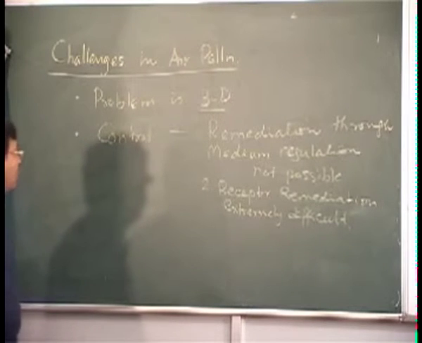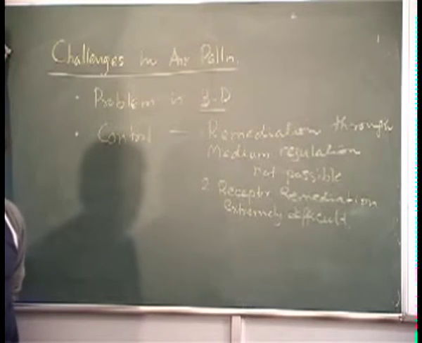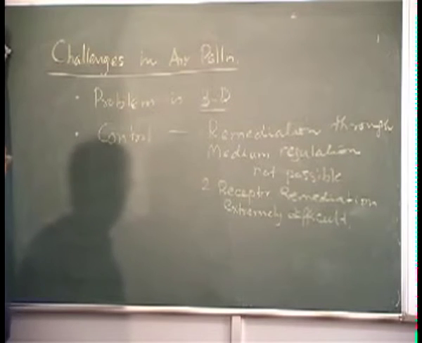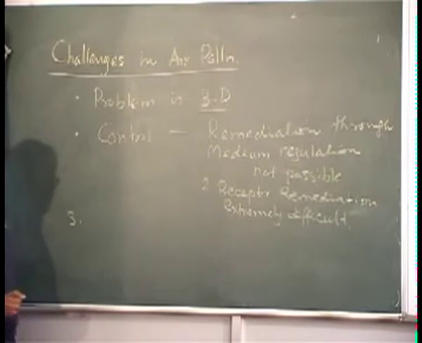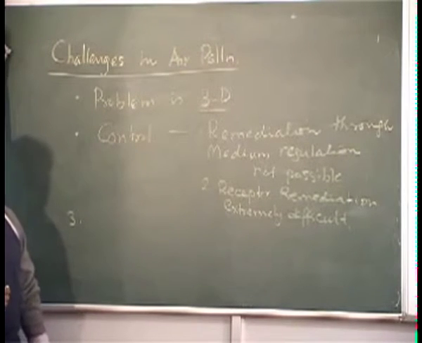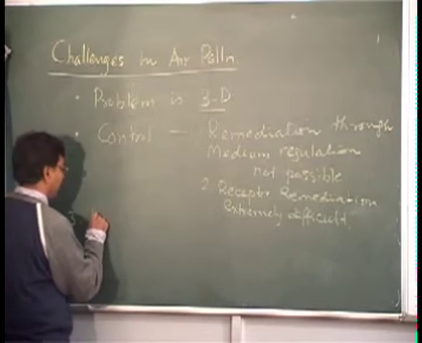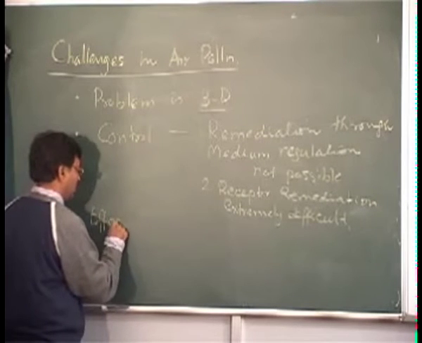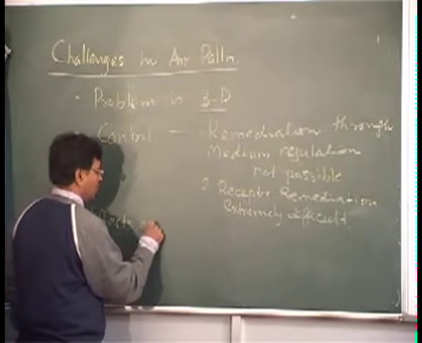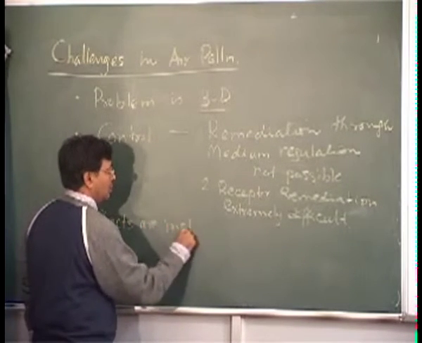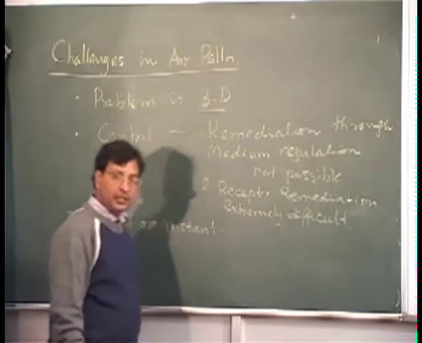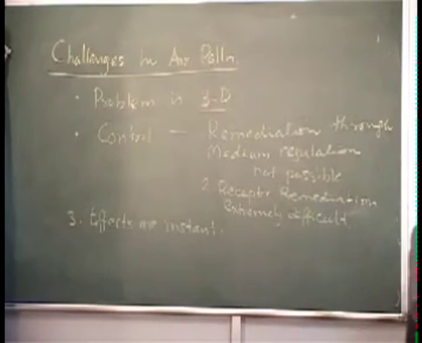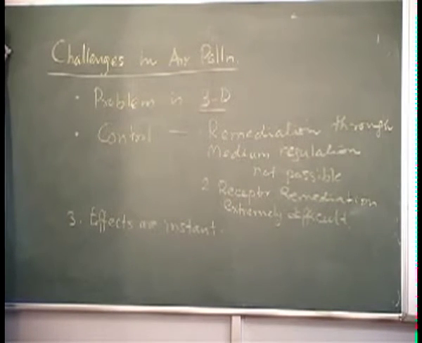So receptor remediation, we are talking about the control, the challenges that we face in this. The problem with air pollution is the effects are instant. The bad effects are instant. It means you can't avoid the air, and you will see the effect immediately.